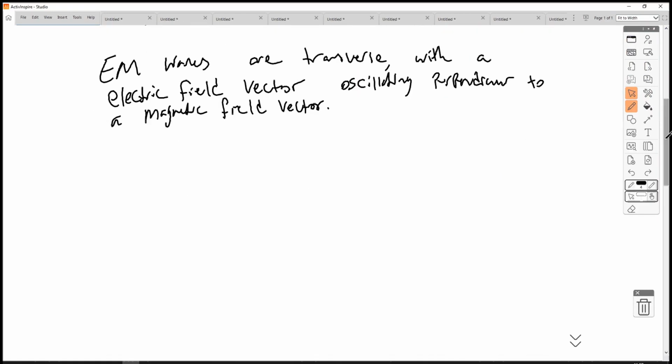Now the evidence for this is to just make an electromagnetic wave. So if we have an oscillating electric field inside a wire, that produces an oscillating B field.